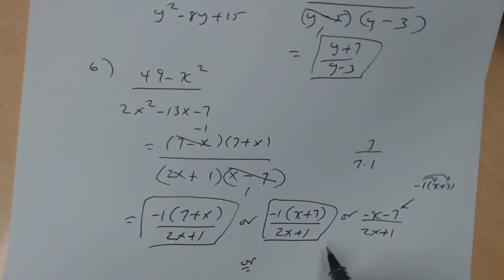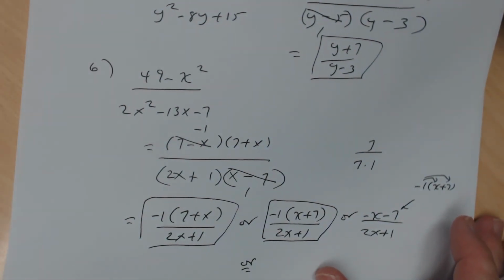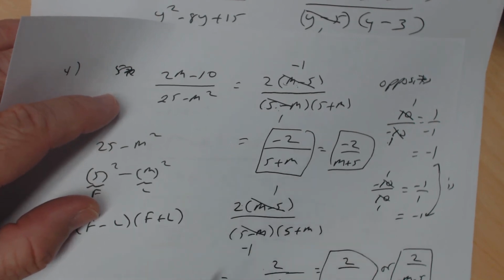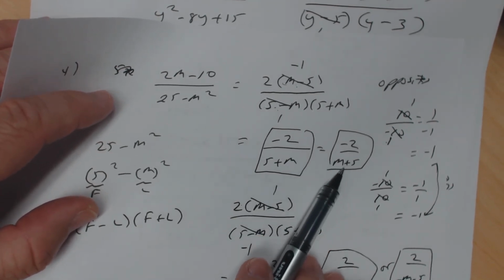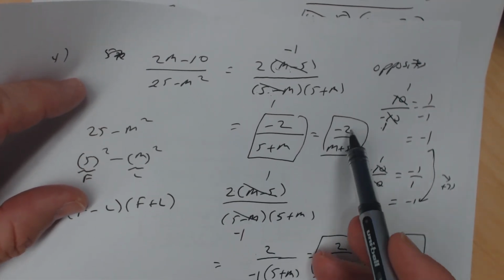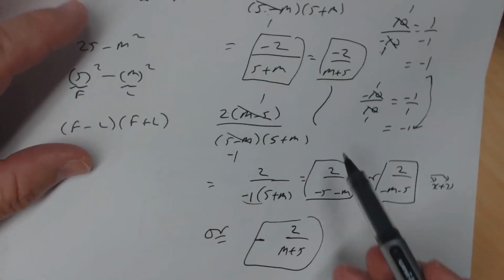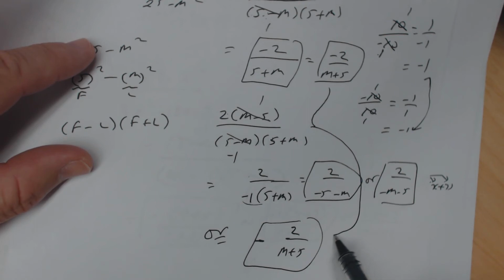Let me see if I can find a previous example before I go on. All right, so let's look at this one. See this one right here, where we had negative 2 divided by m plus 5, and then all of a sudden, see where this was negative 2? I could also rewrite it as, I'm going to bring it all the way down here, as this.